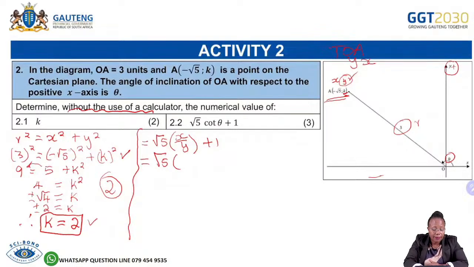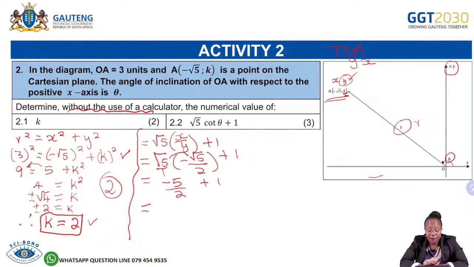X is minus square root 5 over y, which is 2, because it's k, plus 1. Then we have the square root of 5 multiplied by negative square root of 5, that is negative 5 over 2, plus 1.